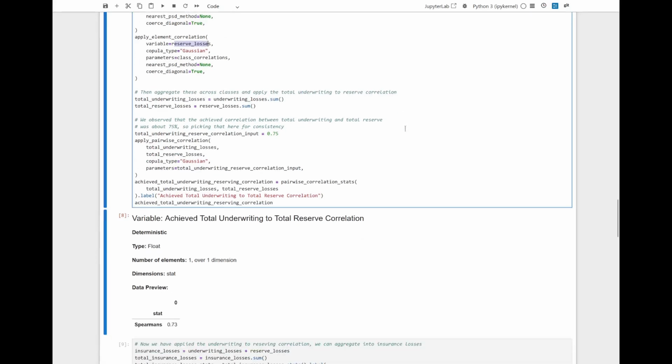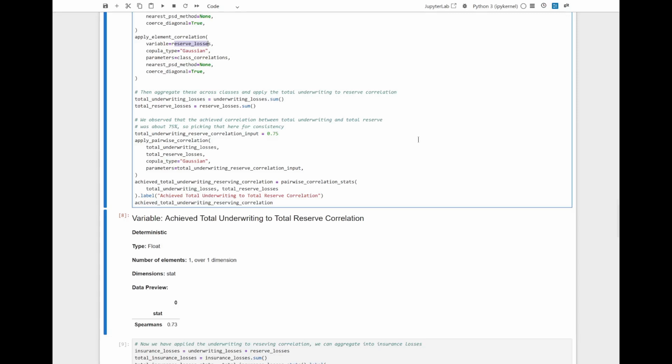And now we want to go to the second step for method 2, which is when we put the correlation between total underwriting and total reserving. And we observed in the method 1 outputs that we were achieving roughly a 75% correlation between those two high-level distributions.